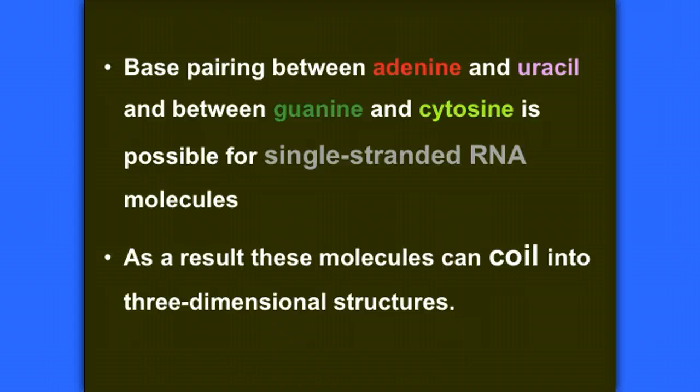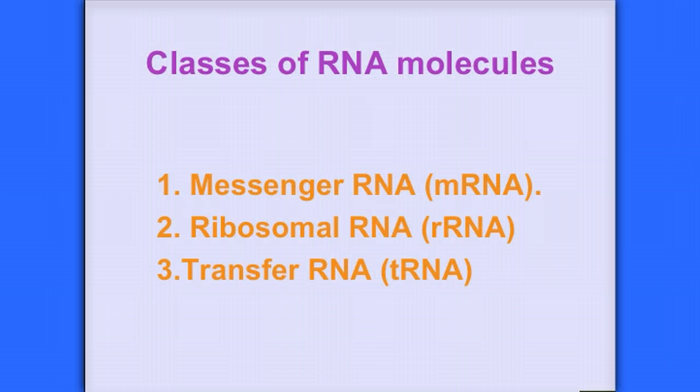Since they have only one strand and are not bonded with any hydrogen bonds, they sometimes form a coiled structure and reattach their bases amongst each other, giving a 3D structure, which we are going to have a look at. Three kinds of RNA molecules: ribosomal, messenger, and transfer.